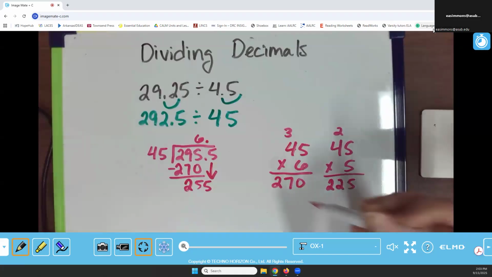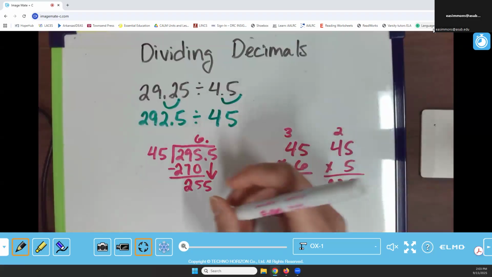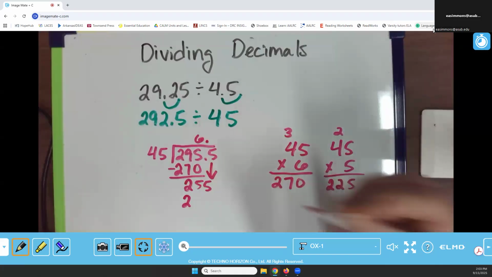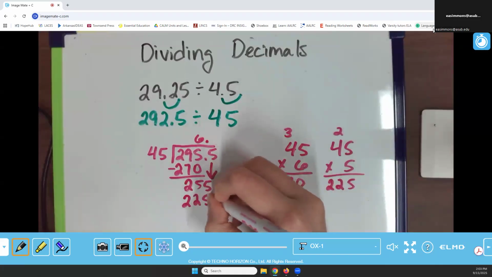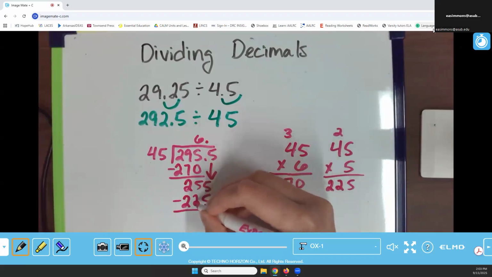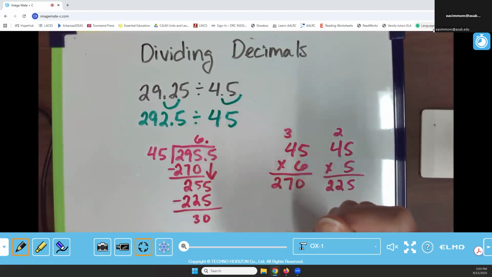So 225 is smaller than 270. I don't think we can fit another 45 in there, so we'll go ahead and subtract it. 5 minus 5 is 0. 5 minus 2 is 3. And then 2 minus 2 is 0.